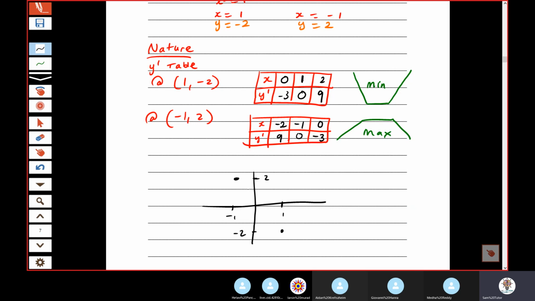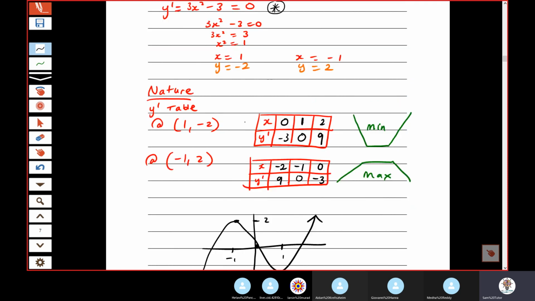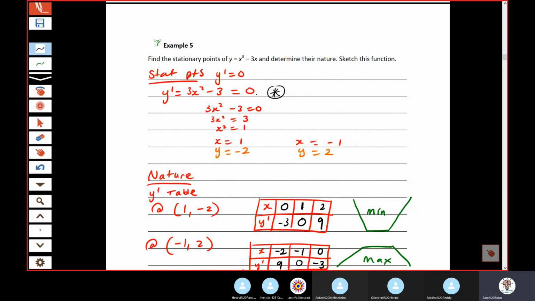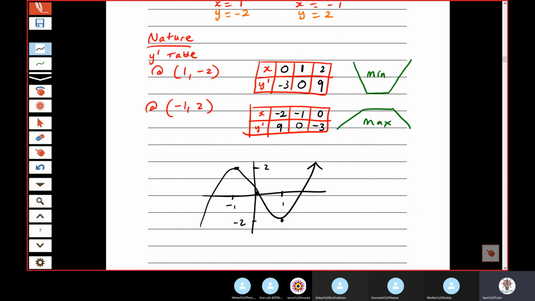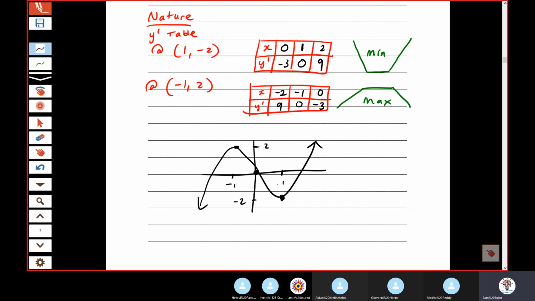You see how that's a maximum turning point? And that's a minimum turning point? Oops. I should have really cut it at 0 because I can see when x is 0, y equals 0. But I missed it. Well, there you go. Done.